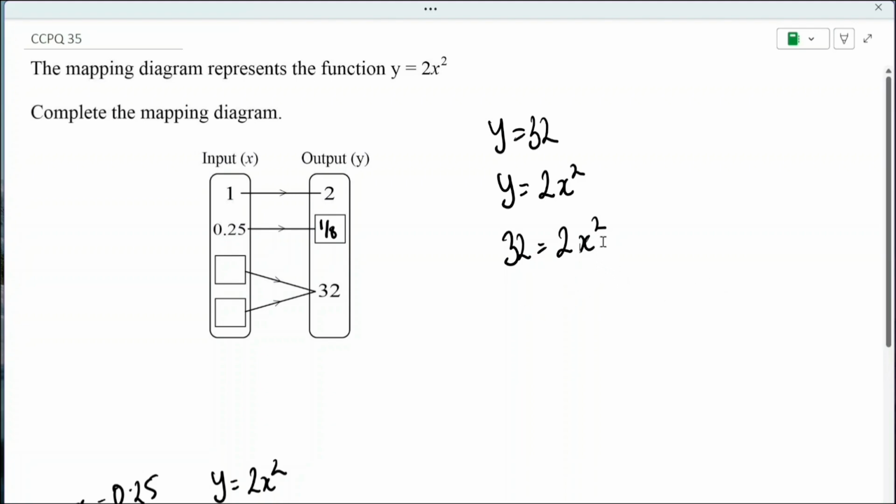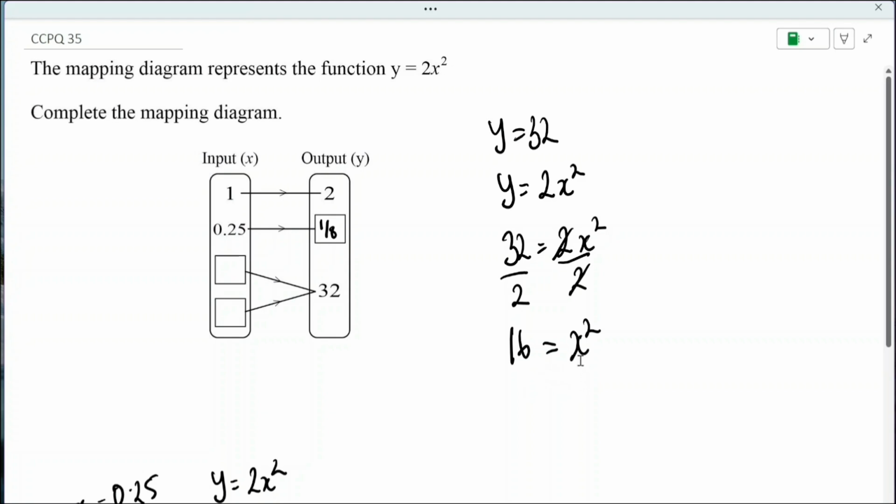In BODMAS, power comes before multiplication, and this 2 is linked to this x squared by multiplication. So you get the multiplication off first before you consider the power. That's like the inverse, the opposite. You are doing the reverse. So to get the 2 off, you divide both sides by 2. 2 cancels 2. 32 divided by 2 is 16. So you have 16 equals x squared.